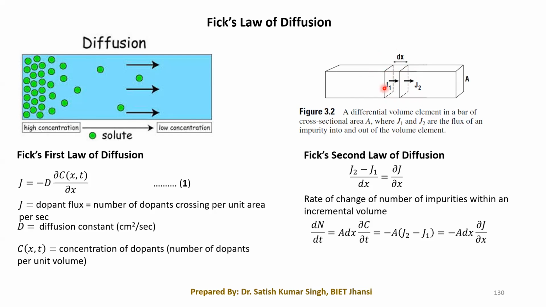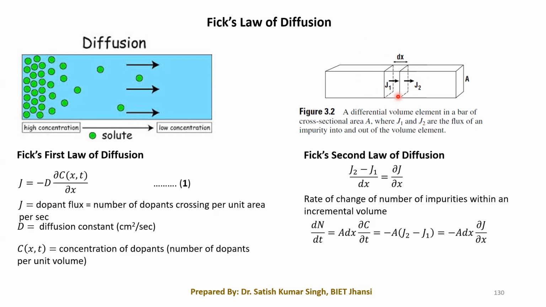If J1 is more and J2 is less, what does it mean? The number of dopants which enter this volume per second is greater than the number of dopants coming out of this volume per second, and therefore there will be a net increase of the number of dopants within this particular volume. Fine.